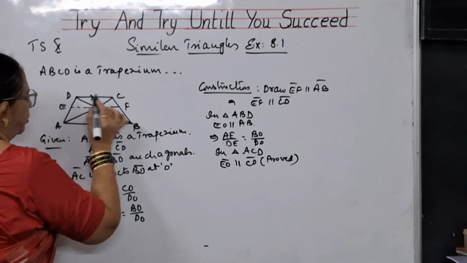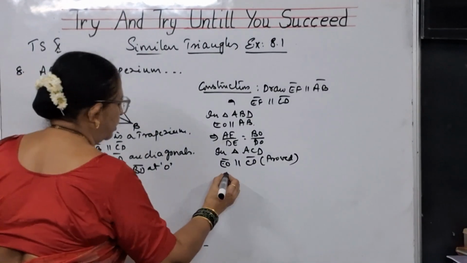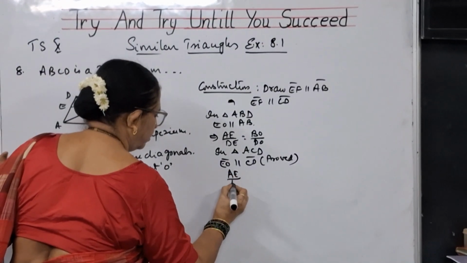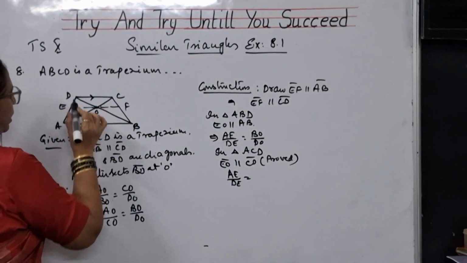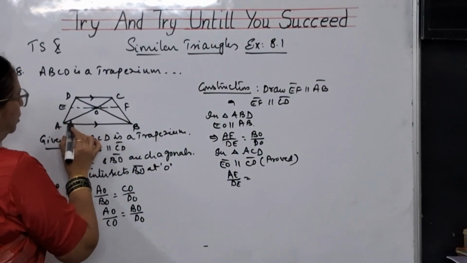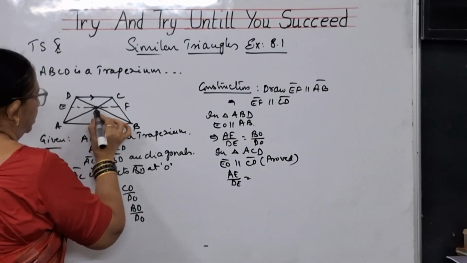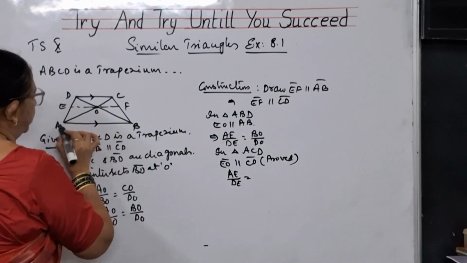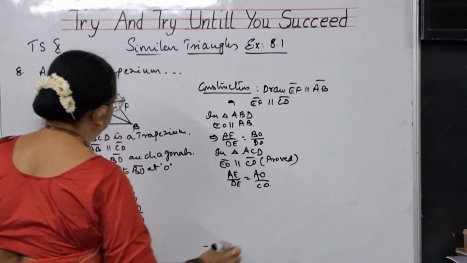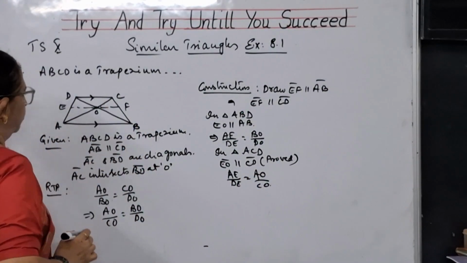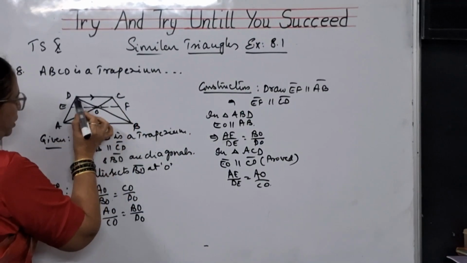So when EO is parallel to CD, what you can write? AE by DE is equal to, which triangle we are talking about? ACD. We can say that AE by DE is equal to AO by CO, because we are talking about triangle ACD.